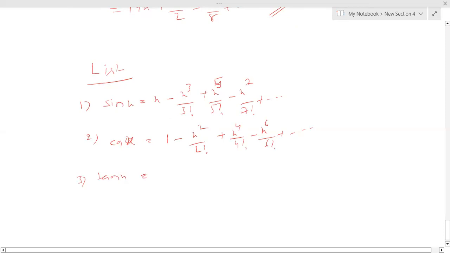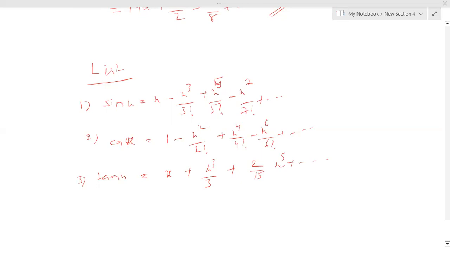Tan x: x plus x cube by 3 plus 2 by 15 x power 5, all are odd exponents, but all are positive signs. With the coefficients we can't identify easily.